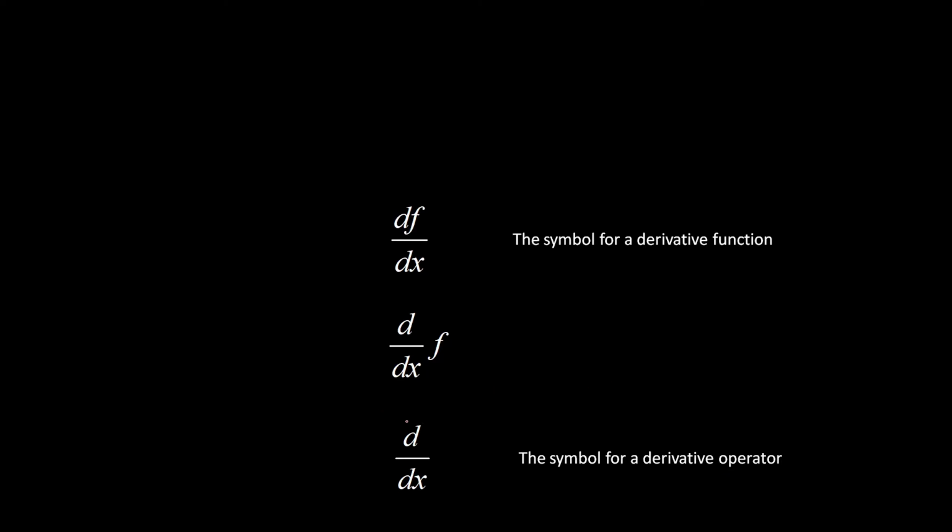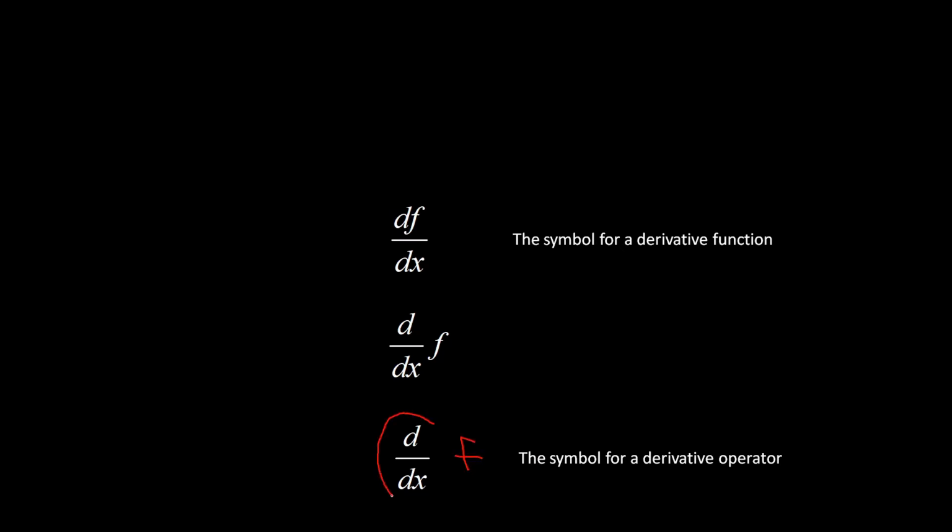But this can get confusing when students see this symbol versus this symbol. And this means the function, whatever your derivative function is. That's what this symbol means. This, however, you should think of as more of an instruction. It's a command. It's telling you, take the derivative of whatever comes next.